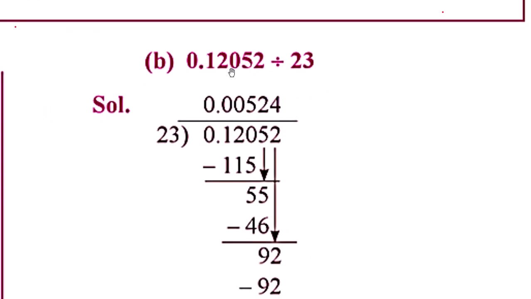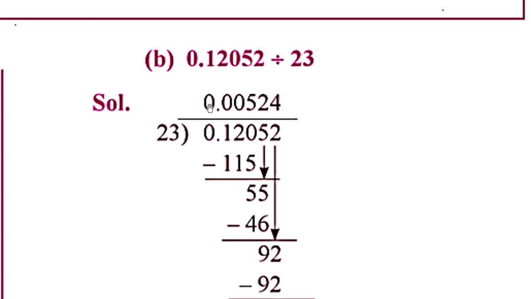Next, 0.12052 divided by 23. With 23, if you take 0, it is less than 23, not divisible, so we have to keep 0 here in the quotient.